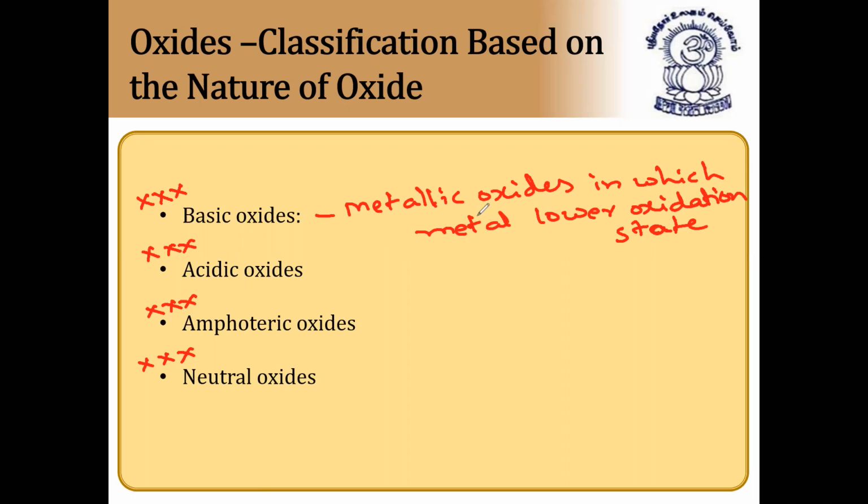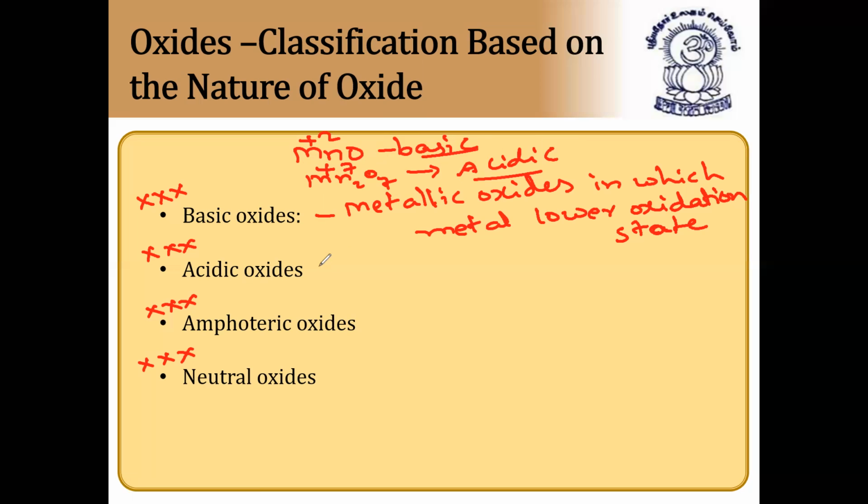Those metals can be acidic or basic based on the oxidation state of the metal. For example, manganese oxide MnO: the oxidation state of manganese is +2. It is basic in nature, highly basic. Whereas Mn2O7, dimanganese heptoxide, is acidic in nature because the oxidation state of manganese is +7. So higher oxidation state of metals will have acidic nature, lower oxidation state of metals will have basic nature.